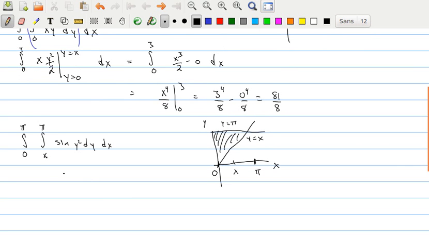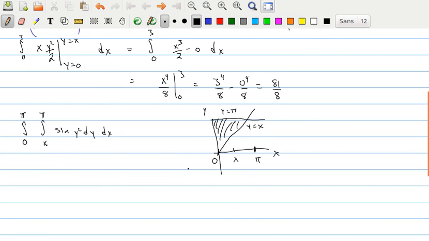Now I want to switch the limits of integration around. So I want to integrate y on the outside. That means y has constant limits of integration. If I look at the lowest y value anywhere in this region, it's y equals 0. And the highest y value anywhere in here is pi. So it's convenient. It has the same limits, but for a different reason.